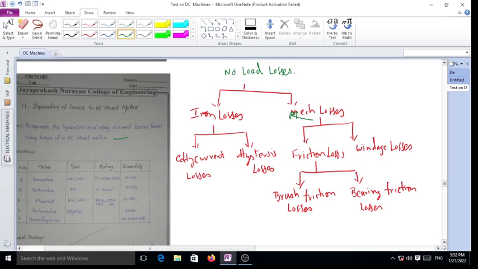First the classification: iron losses and mechanical losses. Iron losses are classified into eddy current losses and hysteresis losses. Mechanical losses are friction losses and windage losses. To conduct this experiment we need a shunt motor.